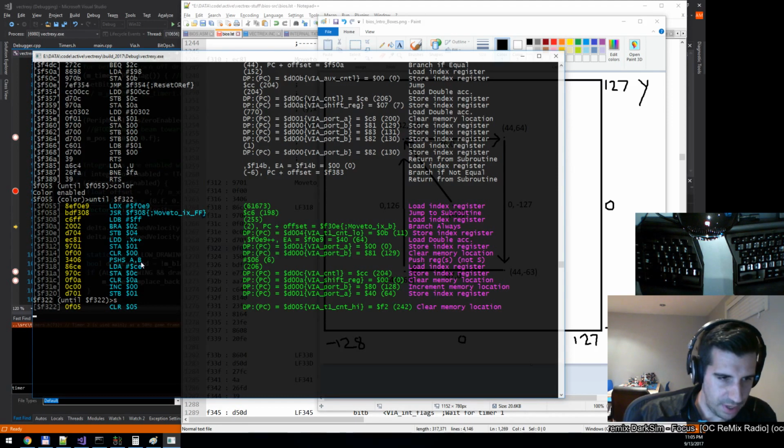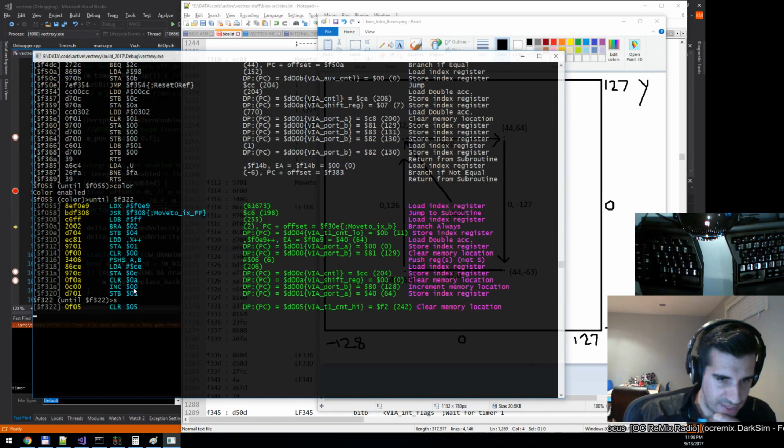Push AB. So here we push the values in the D register. Then we load A with CE to store it into the control. And then we clear 0A, that means clear the shift register because we don't want to draw.